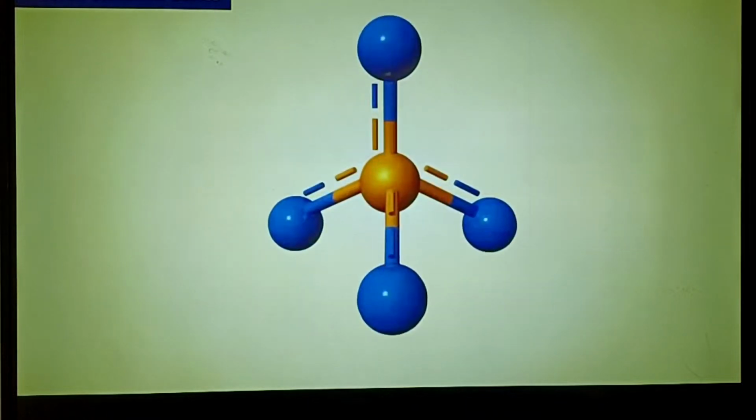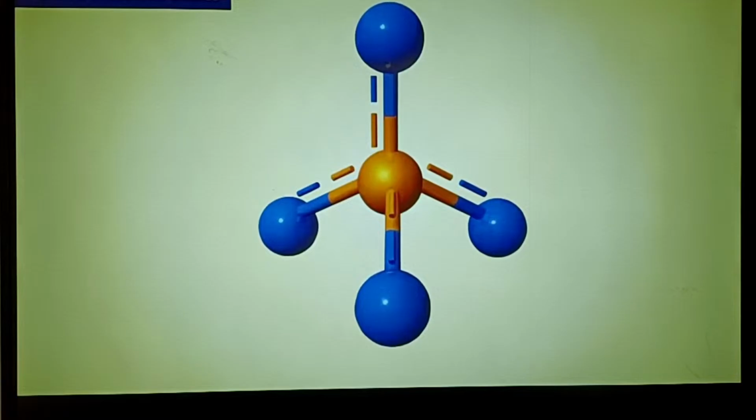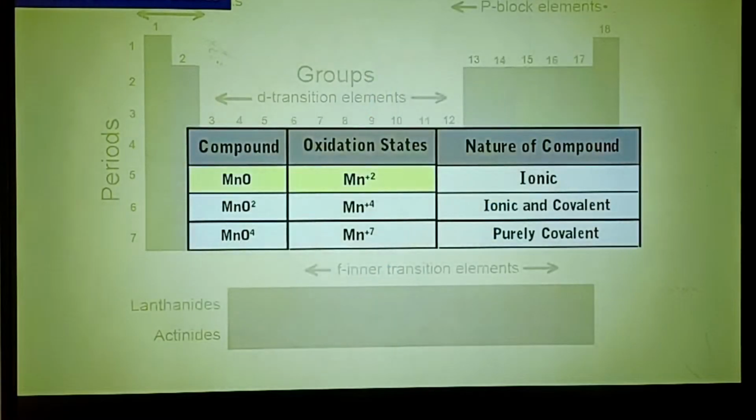Higher oxidation states give rise to covalent compounds. For example, manganese(II) oxide is ionic, manganese(IV) oxide is intermediate between ionic and covalent, and manganese(VII) oxide is purely covalent.